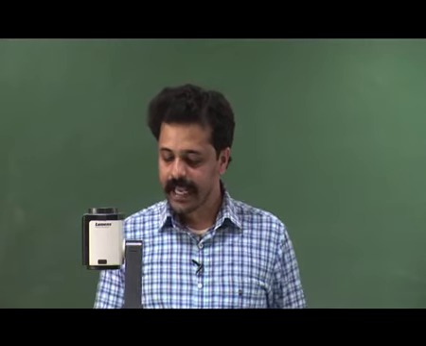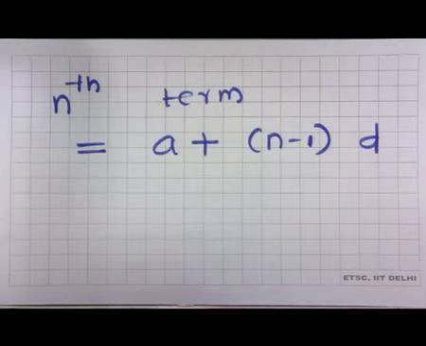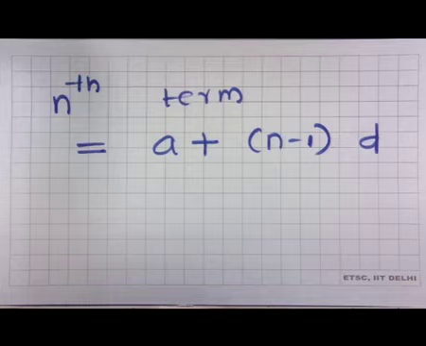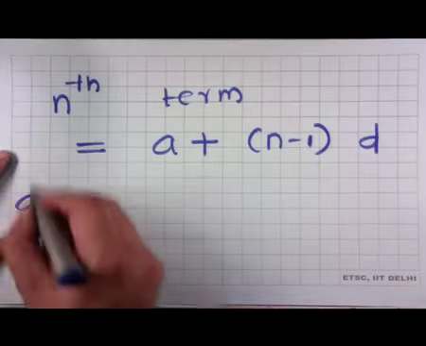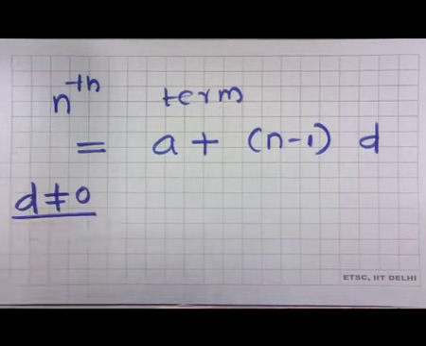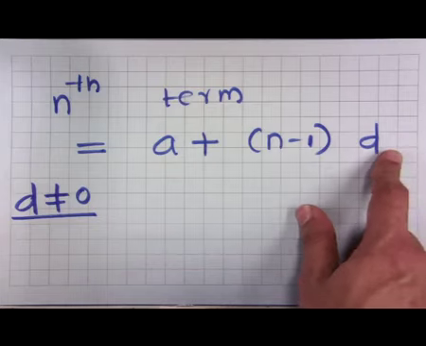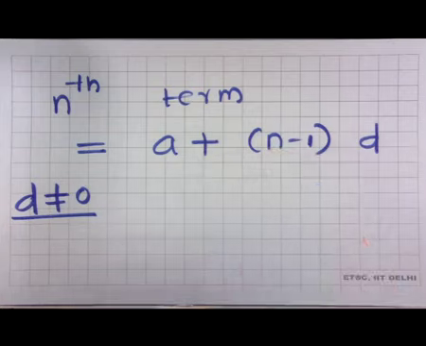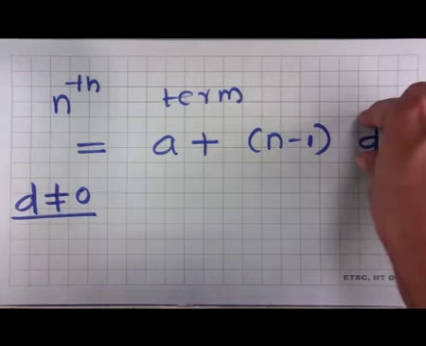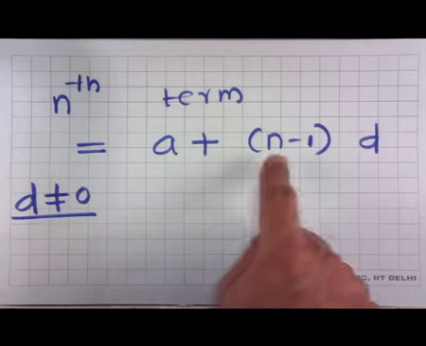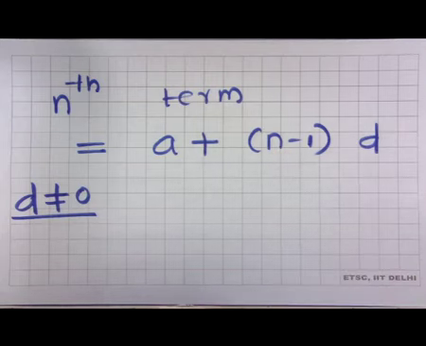Once a and d are fixed, assuming d not equal to 0, we see that a plus n minus 1 into d becomes large in magnitude when n becomes large. If d is a positive number, then n minus 1 into d comes close to infinity as n becomes large.